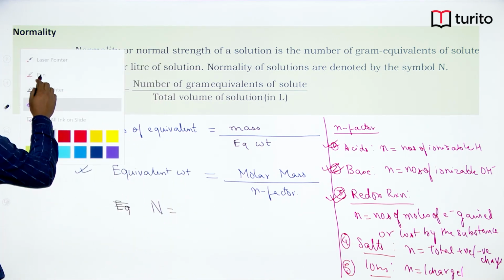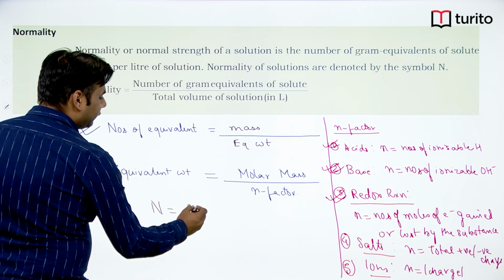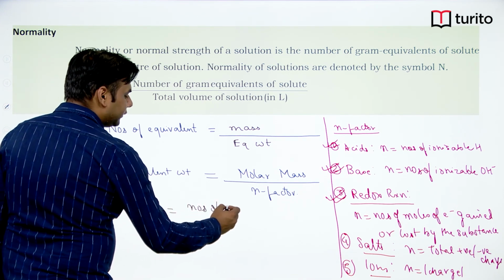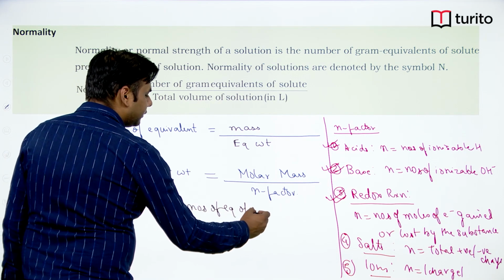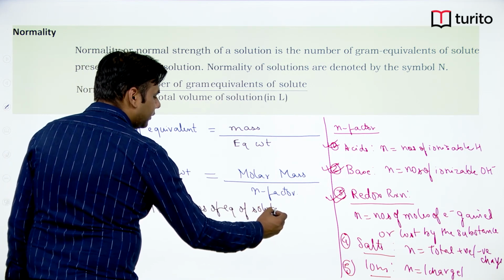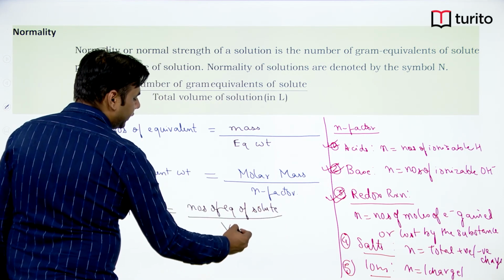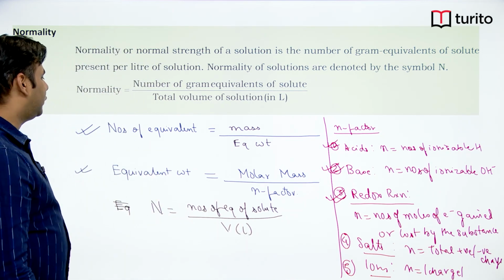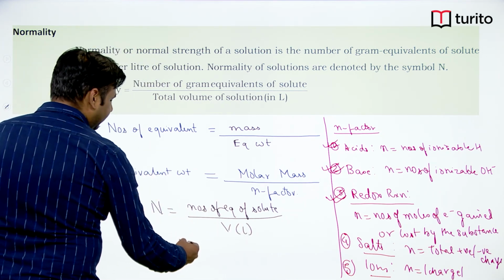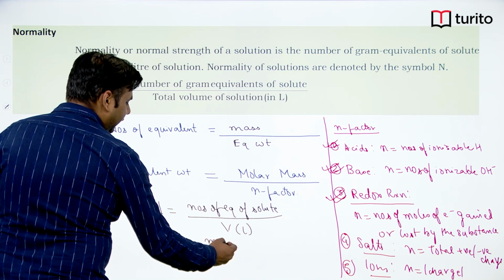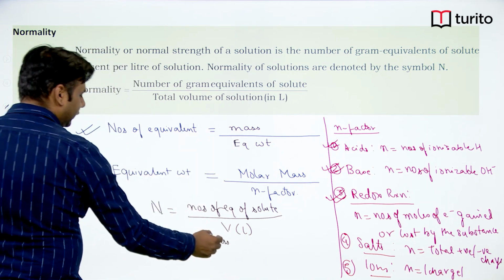So normality was number of equivalents of solute upon volume of solution in liters. The number of equivalents I can say is mass upon equivalent weight.